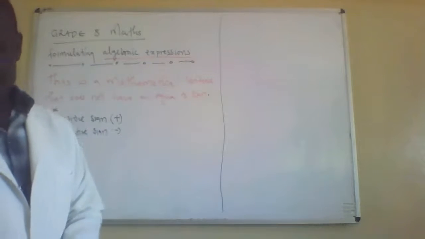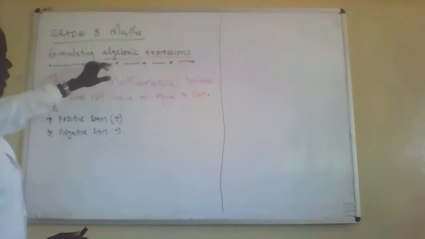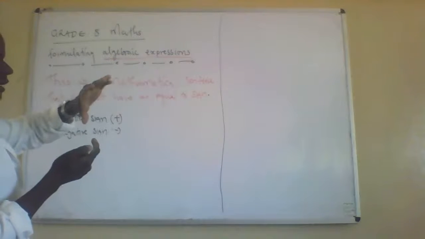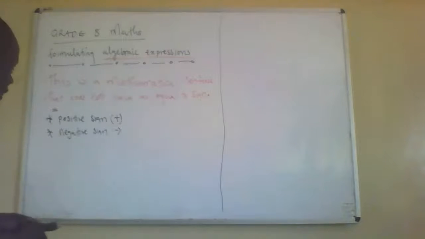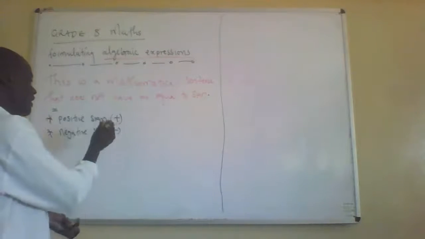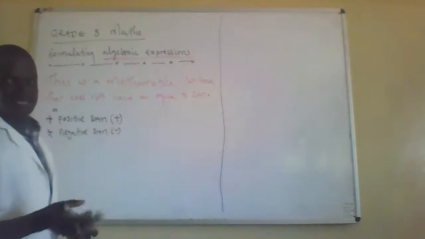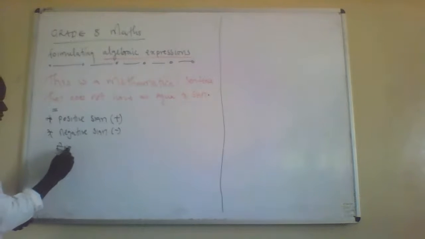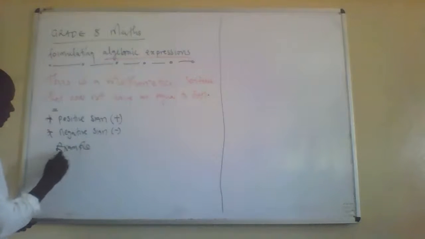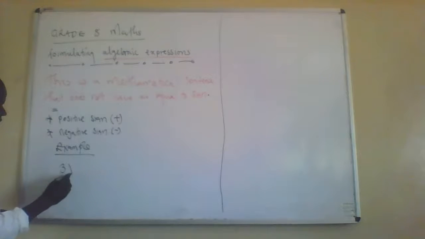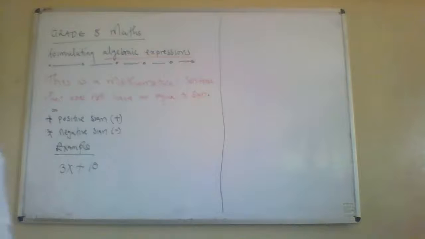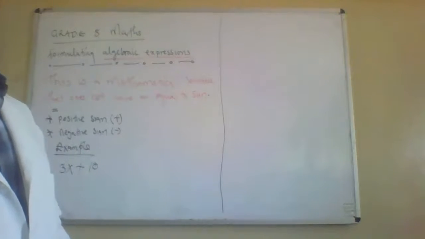Having looked at the definition of an algebraic expression, I'll give you an example of an expression, then you understand every aspect that is found therein. An example of an algebraic expression can be 3x plus 10.